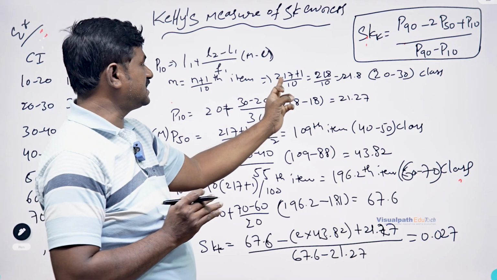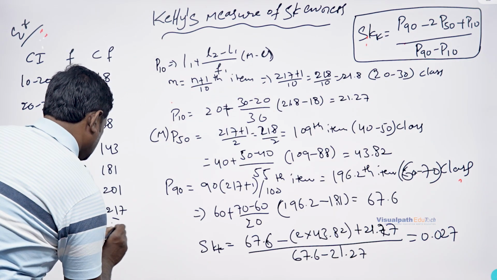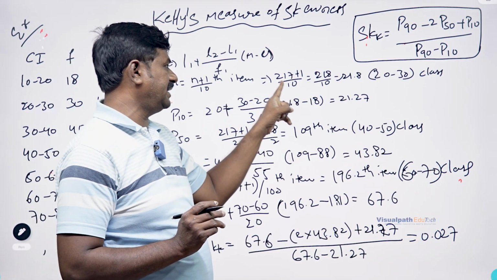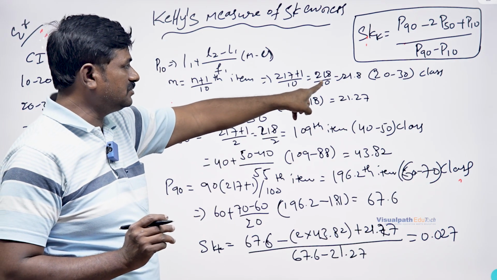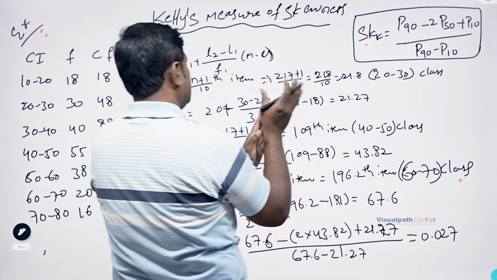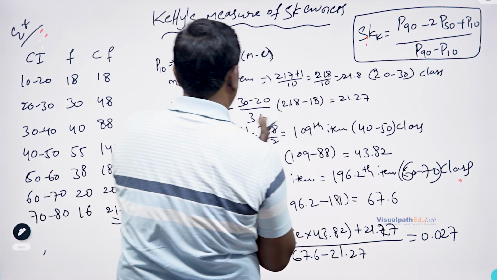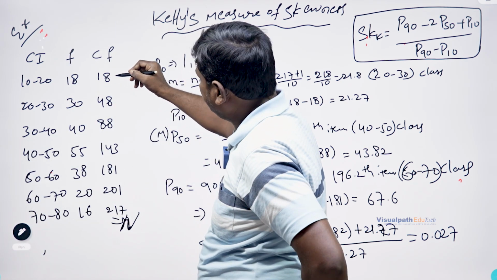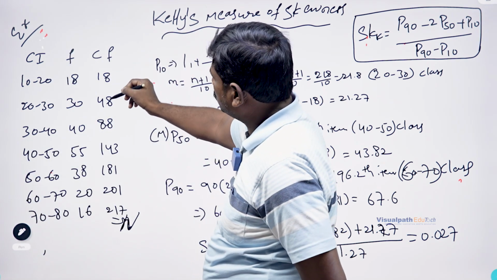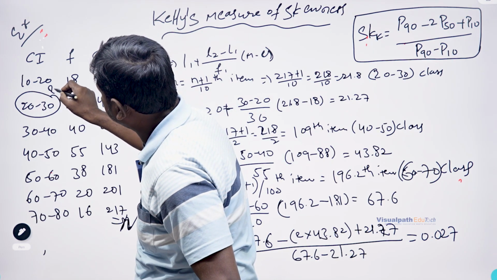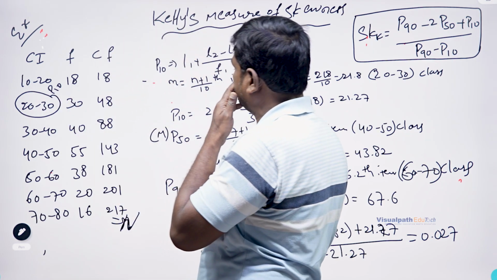N is the total number of items, 217. So (217 plus 1) by 10, that is 218 by 10, that is 21.8. In which class does 21.8 exist? Checking the cumulative frequencies, 18 and afterwards 48, so the 10th percentile lies in this class.